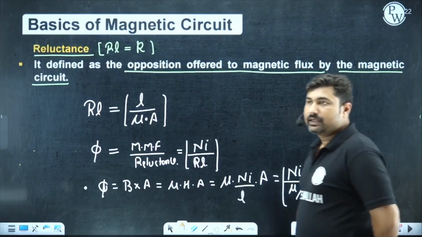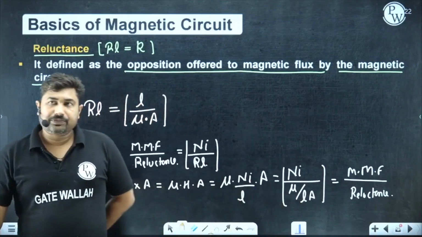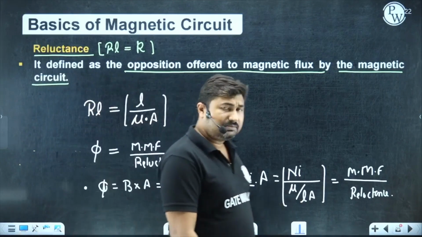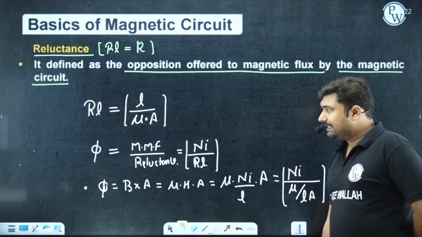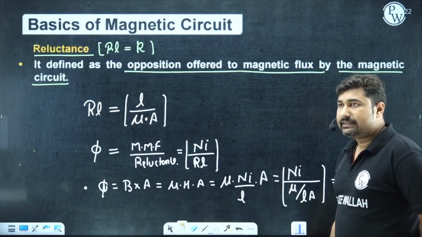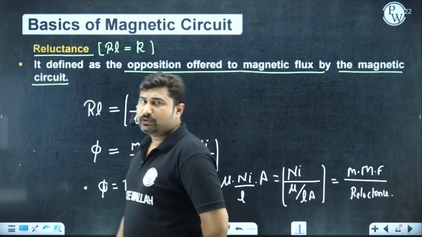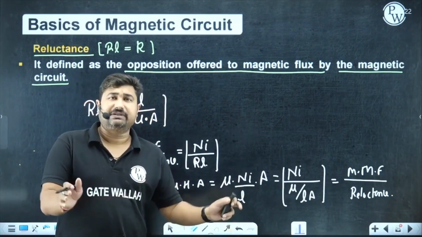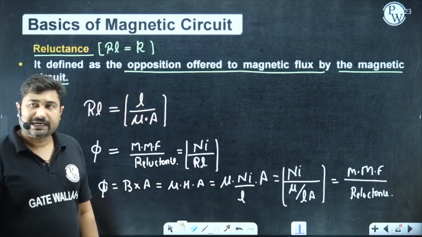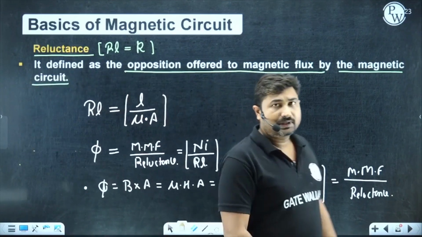Is it okay? Yes, sir. These are small terms that are highly needed for the subject. I am going to tell you each and everything, and compare it with the electric circuit. Up to this point, everything is clear?